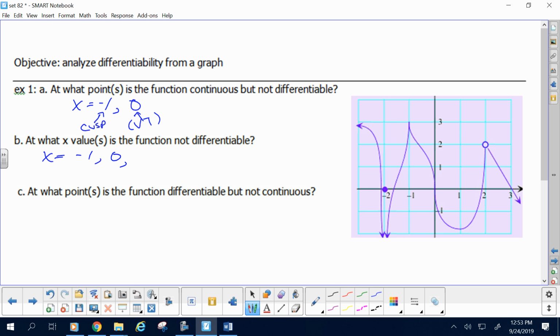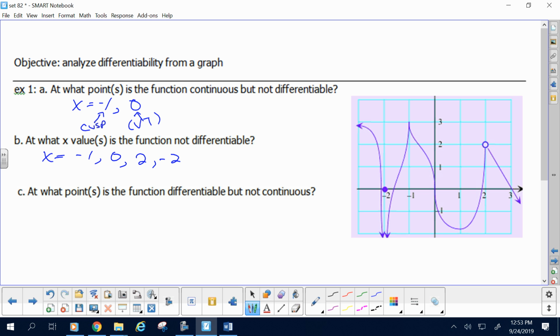Aiden, give me another one where it's not differentiable. 2, yeah, there's a discontinuity at 2. It can't be differentiable at a point that doesn't exist. And one more, Mr. Bushko. -2, yes, there's a discontinuity there. Are there any others besides those 4? That's all I see. Are you with me?